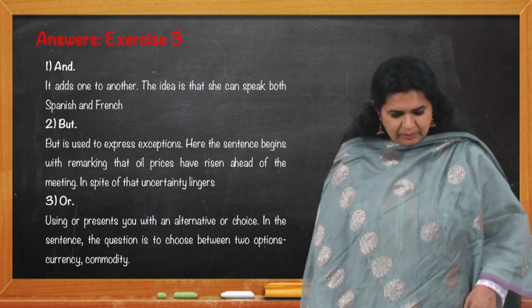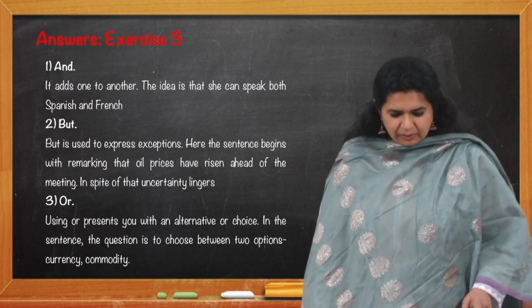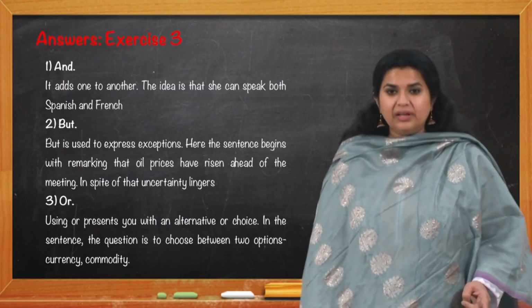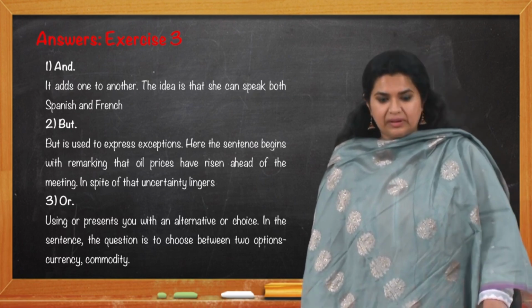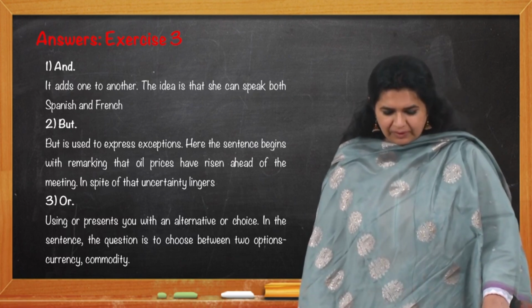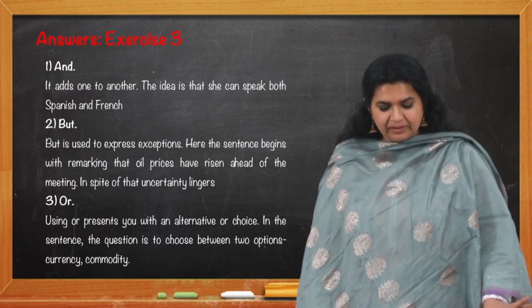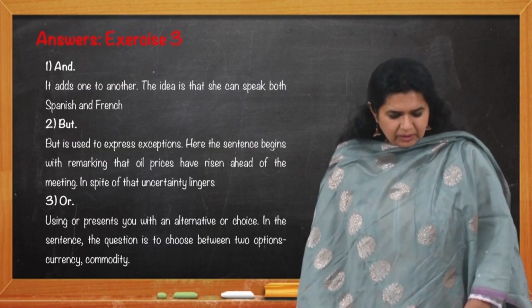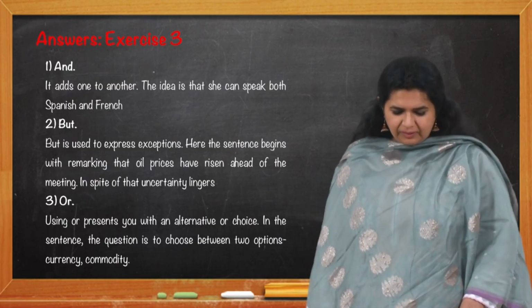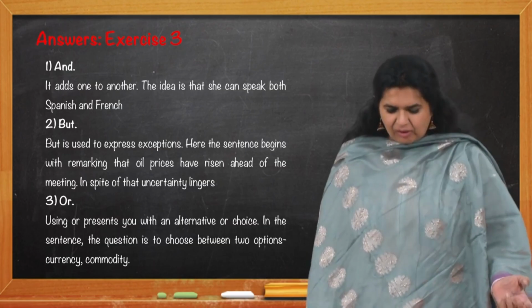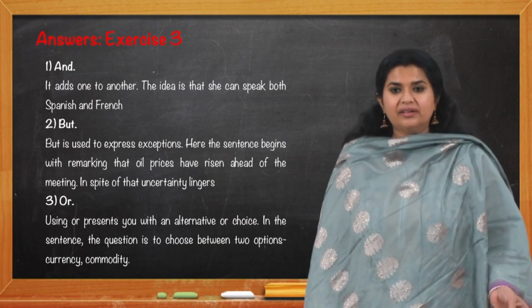Next is "but," which is used to express exceptions. Here the sentence begins with remarking that oil prices have risen ahead of the meeting, in spite of that uncertainty lingers. Then "or" presents you with an alternative or choice in the sentence.